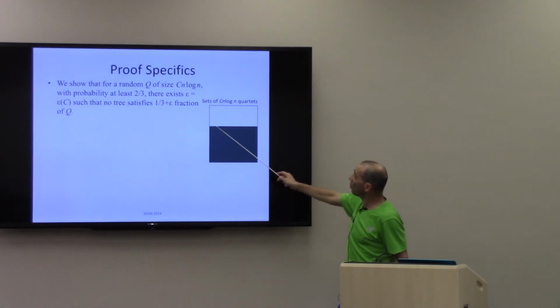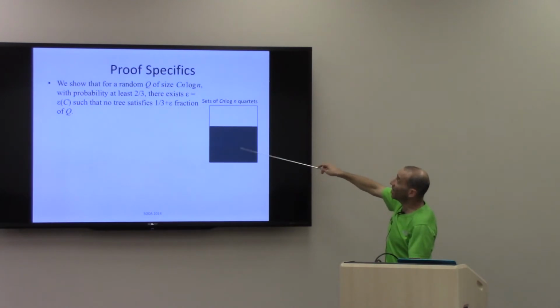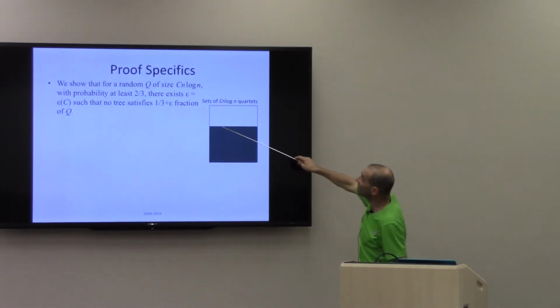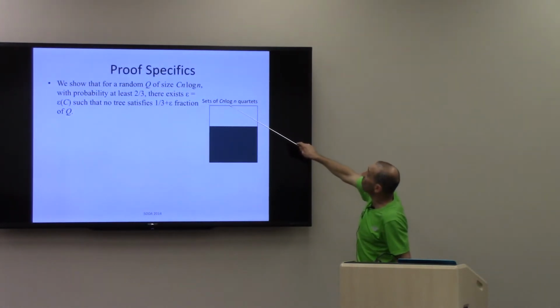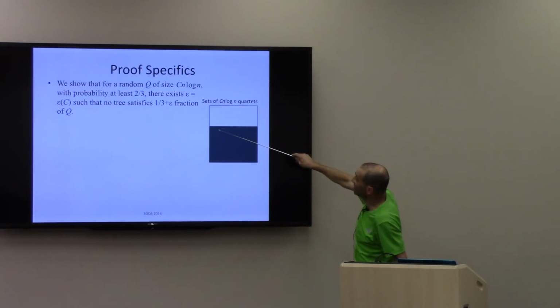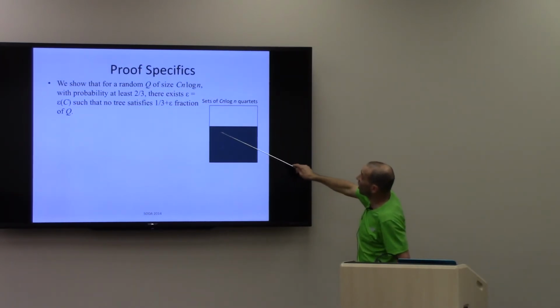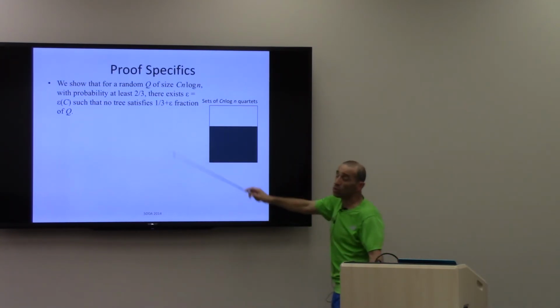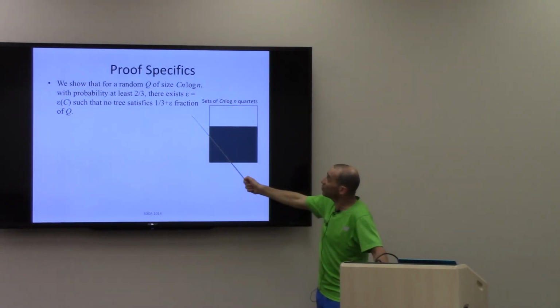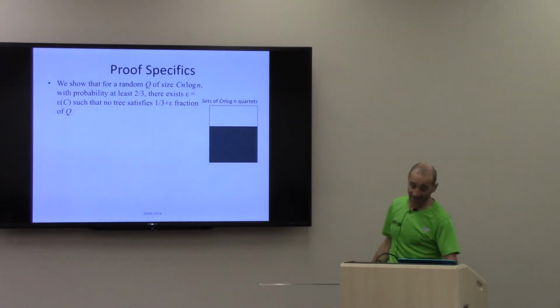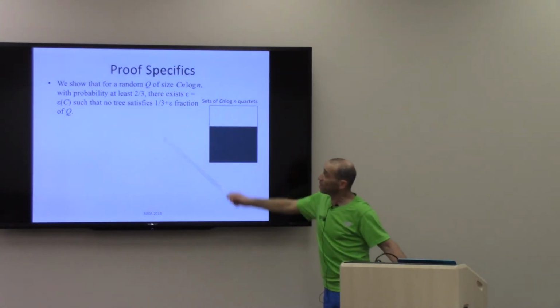This is the 2/3 probability over all the sets of O(n log n) quartets, and 2/3 of these have no tree that satisfies more than 1/3.